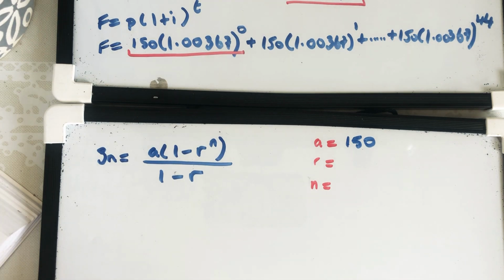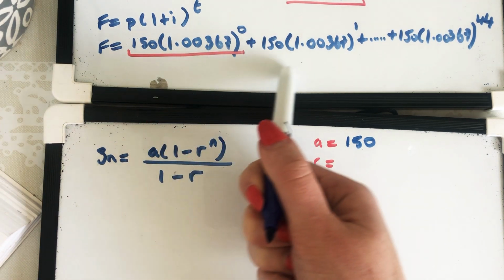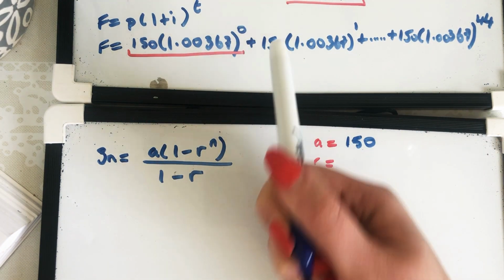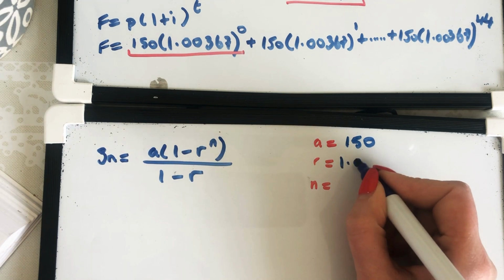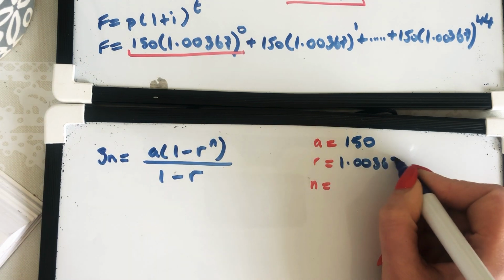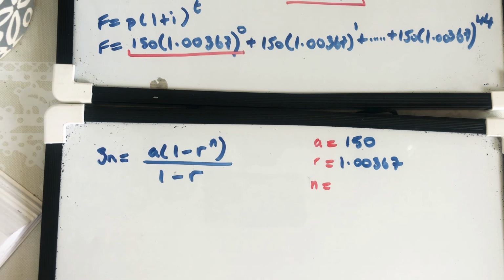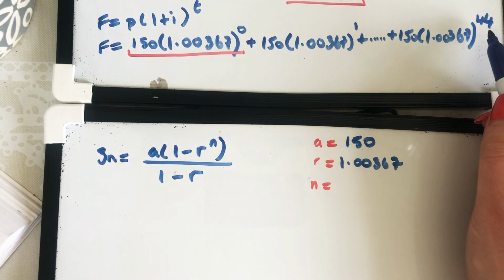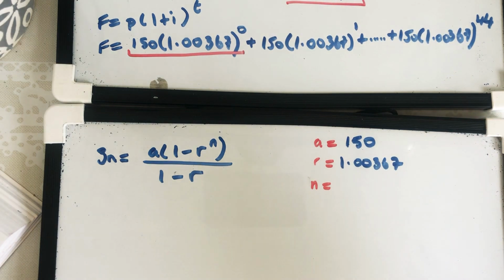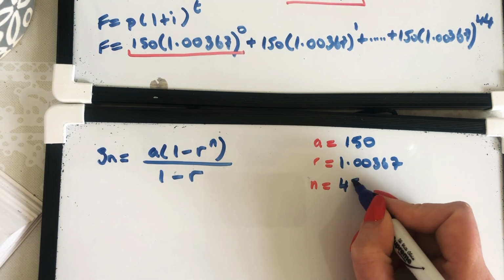Our r is our common ratio. You can see what you are multiplying to go to the next term, and it's 1.00367, and our n is our number of instalments. Now don't be fooled here, it's not 44 instalments, it's 45, because we go back to our original number which said 45 months and each month was an instalment, so 45.